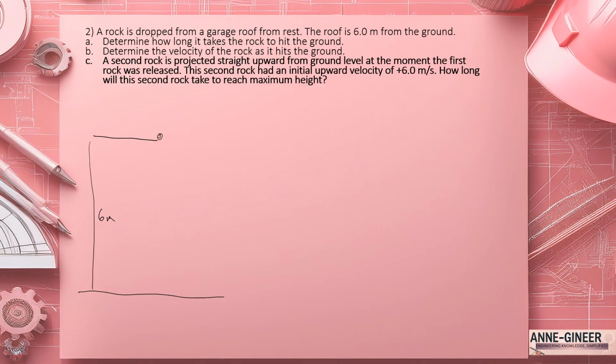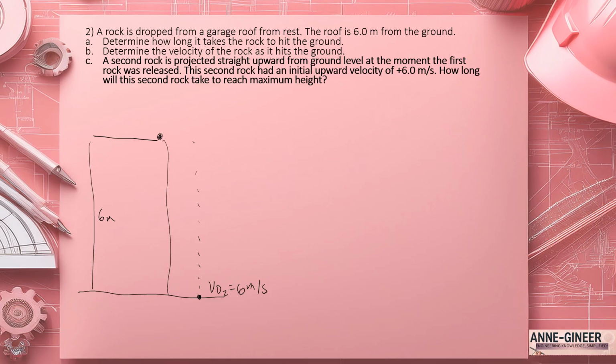The first rock was released from here going down, and a second rock is thrown upward at the same time. The initial velocity of the second rock is 6 meters per second. How long will this second rock take to reach the maximum height?